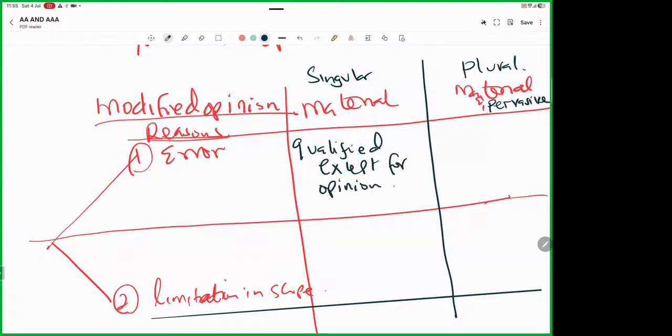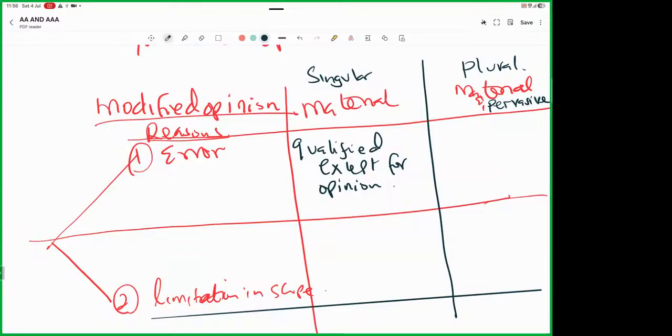Just one item amongst many, you qualify that item alone. You'll be able to tell us that the financial statements of RCM portray a true and a fair view, except for the fact that their distribution costs were erroneous.